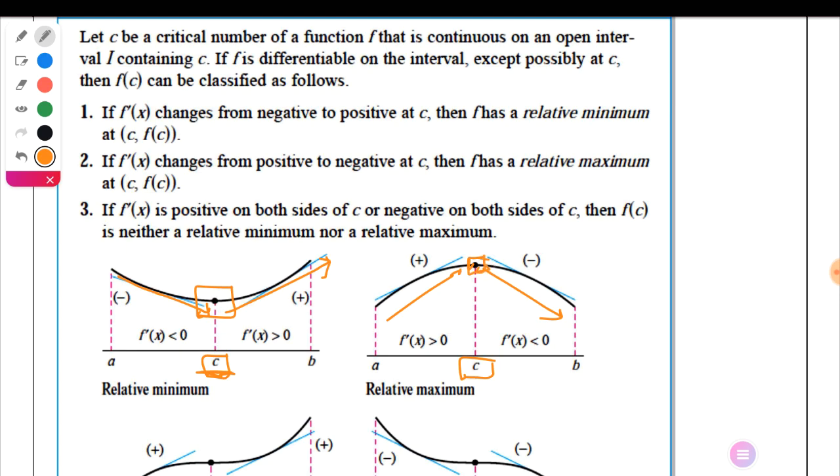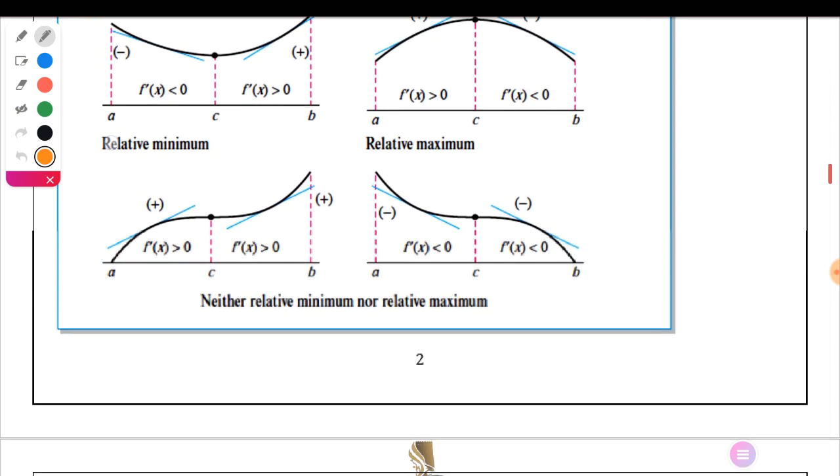If the behavior of the function changes around the critical number, from positive to negative or the reverse, we will have an extremum, relative maximum or relative minimum. But if the behavior of the function does not change, in this case we don't have any extrema, neither a relative minimum nor a relative maximum.